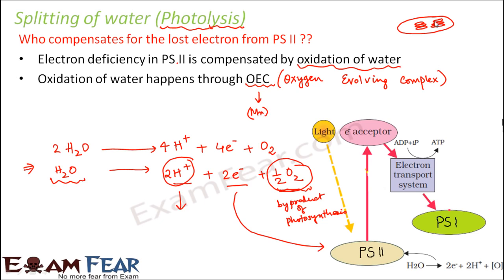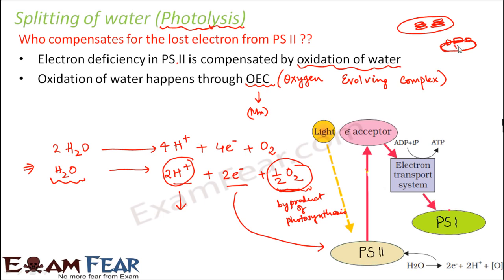Basically the process of electron excitation and the electron transport system, everything is taking place in the thylakoid membranes. If you look at each thylakoid, it is something like this. This is your thylakoid membrane. There you have PS1, electron transport chain, and PS2. So from near PS2 somewhere, this water splitting is taking place.